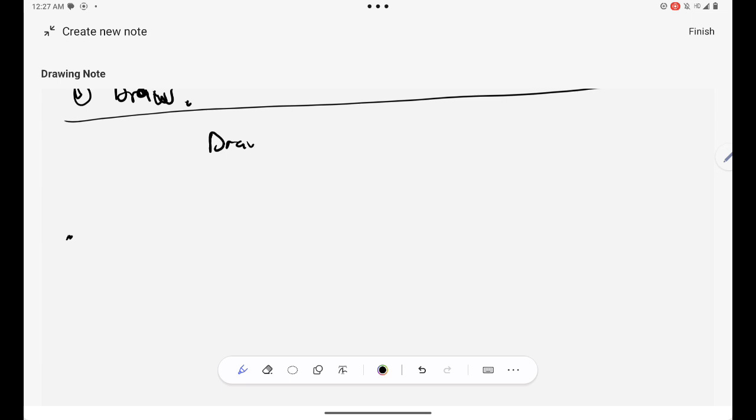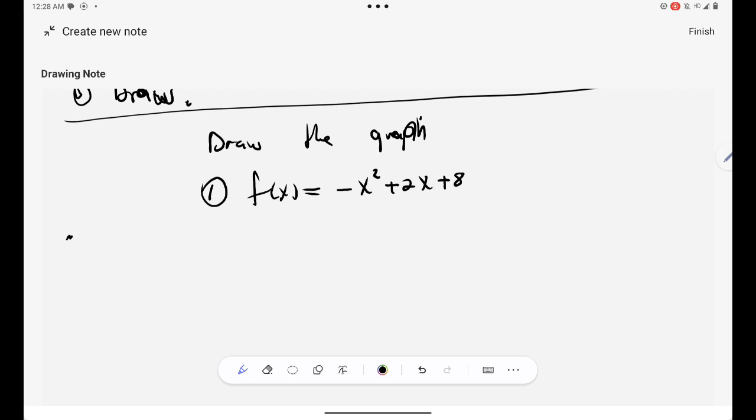I need to draw the graph. Number 1, you have f of x is equal to minus x squared plus 2x plus 8.